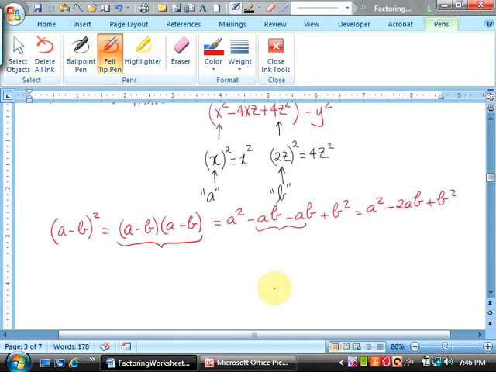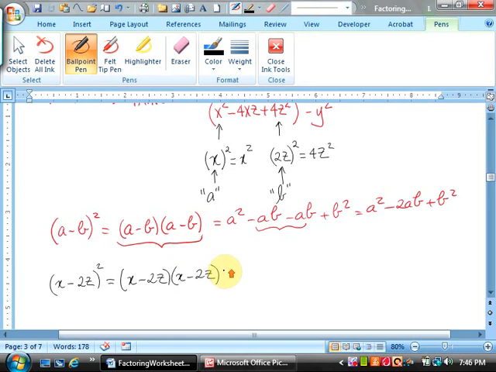Now, we know who A is. A is x and B is 2z. So let's plug these values in. So we have x minus 2z squared equals. Now, this is just 2 of those. So it's simply x minus 2z and x minus 2z again.